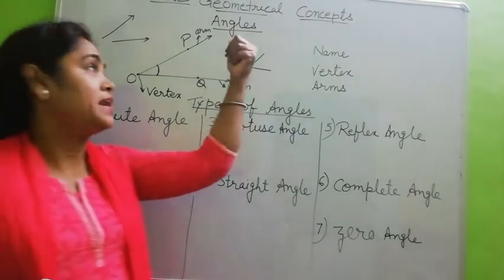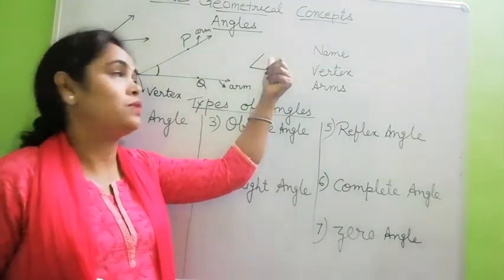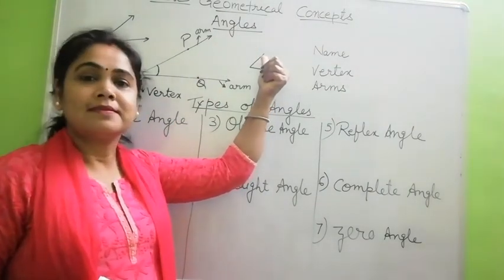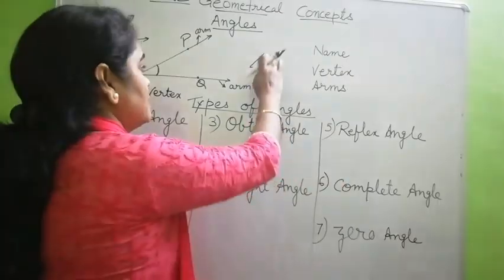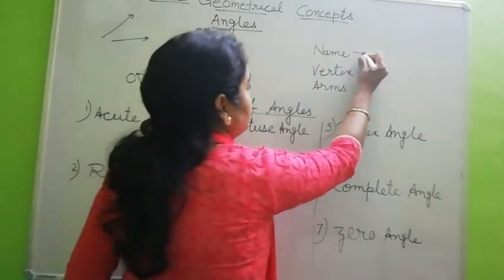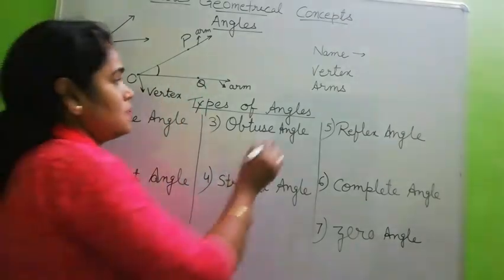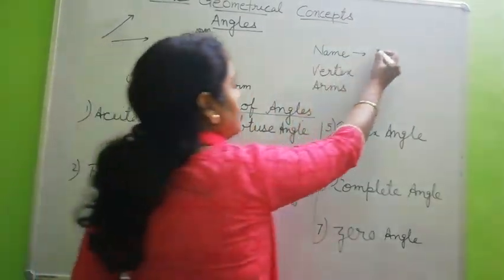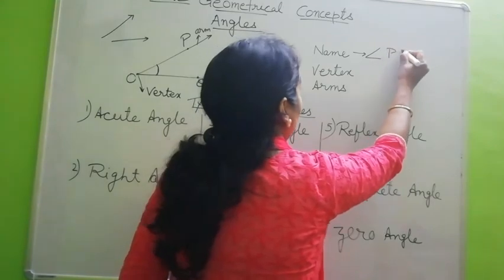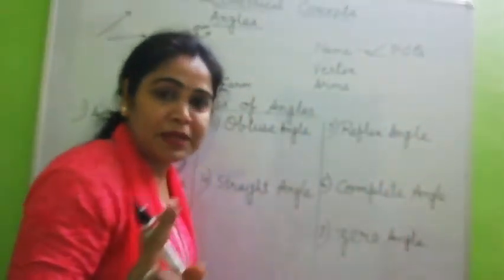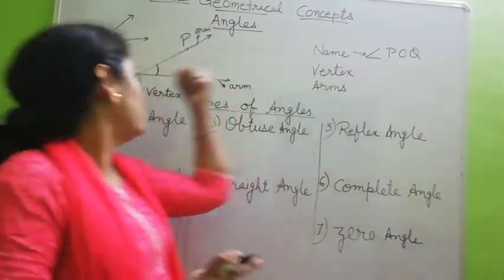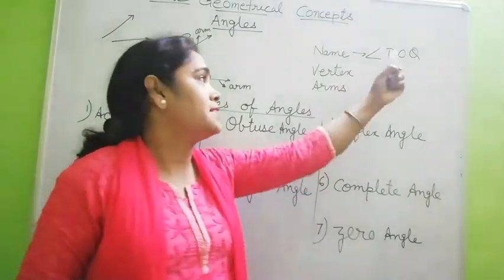Whenever we name any angle, before that we write this sign. So the name of this angle is angle POQ, or we can say QOP also, but I am telling here POQ. Always keep in mind that O, the vertex, should be in the middle.